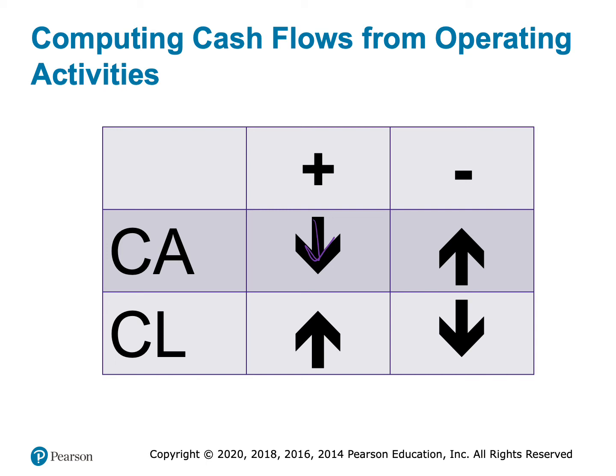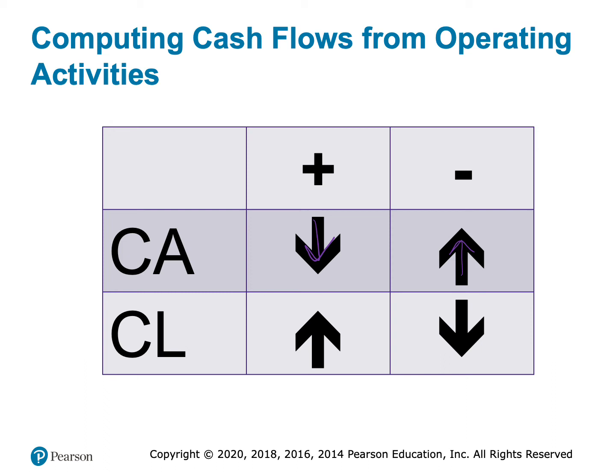So if inventory went up, I want to subtract the amount of the increase. I'm going to go through every current asset, skipping cash, and compare it, calculate the amount of the increase or decrease. If the current asset went down, I want to add the amount of the decrease. If the current asset went up, I want to subtract the amount of the increase.